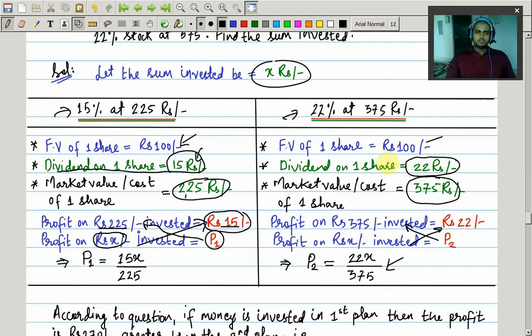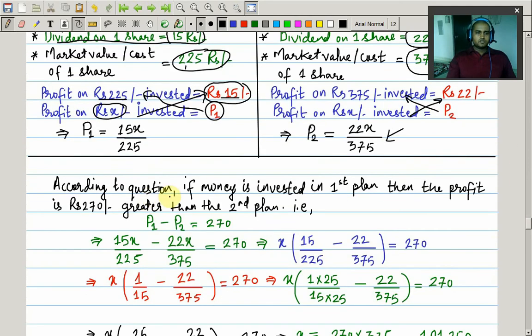Now the question says that if money is invested in the first plan, then the profit is 270 rupees greater than the second plan. So this is the greater amount. So P1 minus P2, the difference will be 270 rupees. So I have written it.